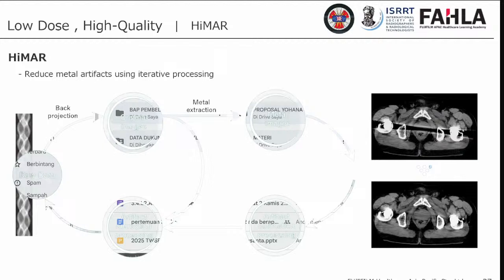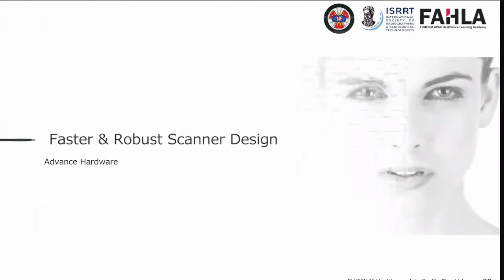So here with metal artifact reduction technology, we integrated iterative processing. We can recognize the pattern that the metal always creates, and then we can still improve the image quality through an artifact estimation process, and then we perform the correction processing, and then we will come up with the image. So it's a loop of continuous image processing.